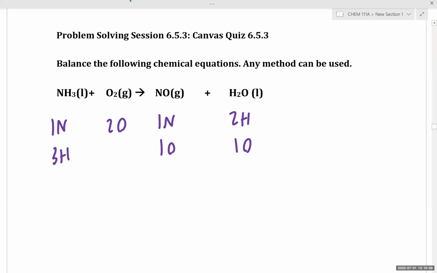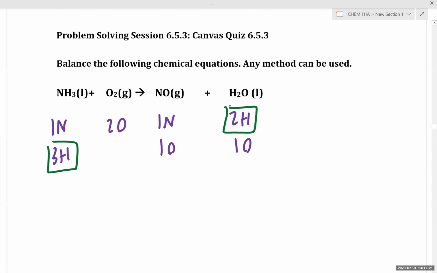So let's first start by balancing our non-pure element species. Let's leave oxygen alone for now, and balance something that's not oxygen. In this case, it's best to start with hydrogen. We have 3 hydrogens on the left and 2 hydrogens on the right.